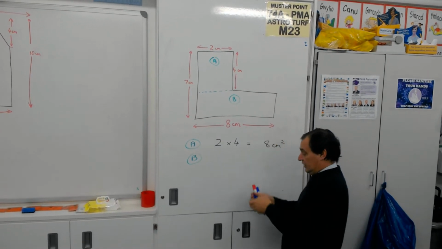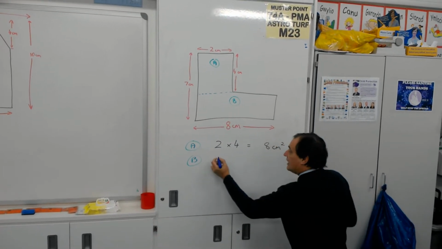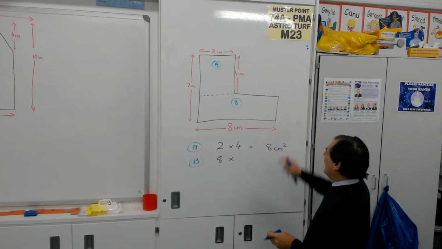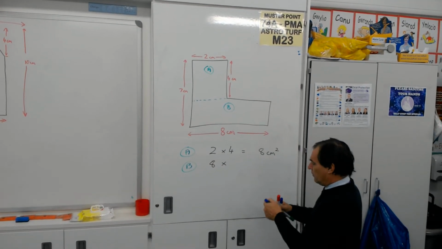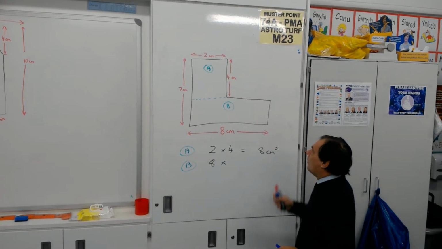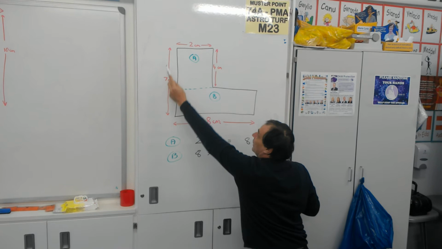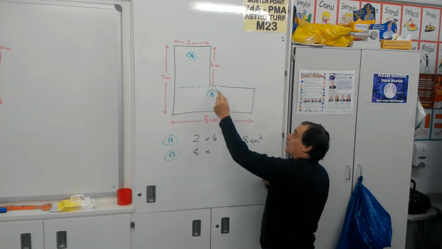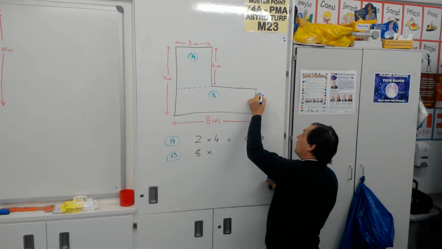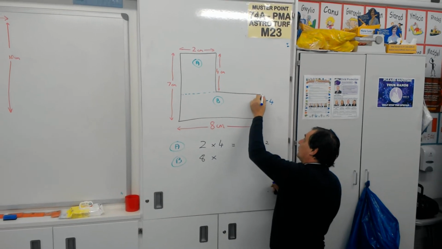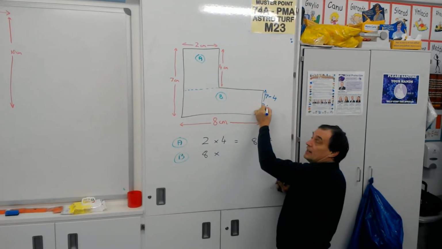Now, if I'm looking at rectangle B, I can see here that the base is going to be 8, because that's the distance along the bottom, so the base is 8 centimetres multiplied, but I haven't got a dimension here, so I've got a problem. So I've got to work out what in fact that dimension is. Well, I know the height of the whole shape is 7, and the height down to there is 4, so 7 take away 4 gives me a dimension then of 3 centimetres.